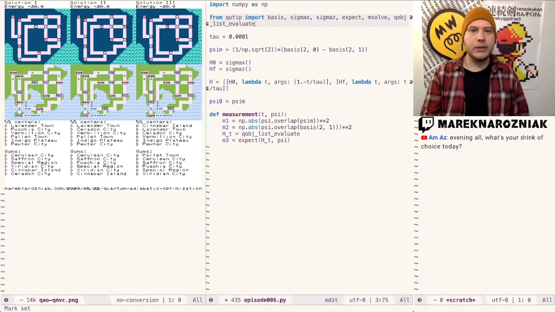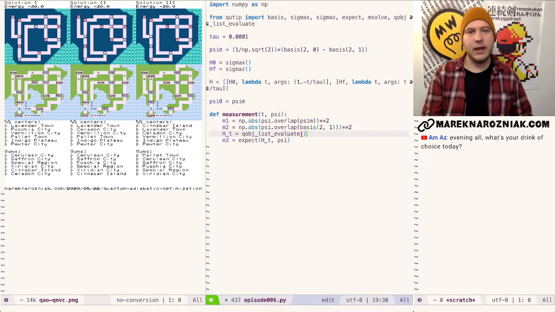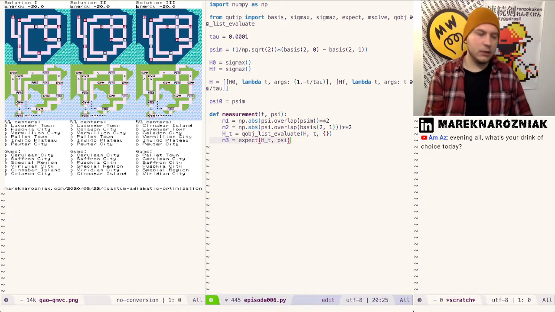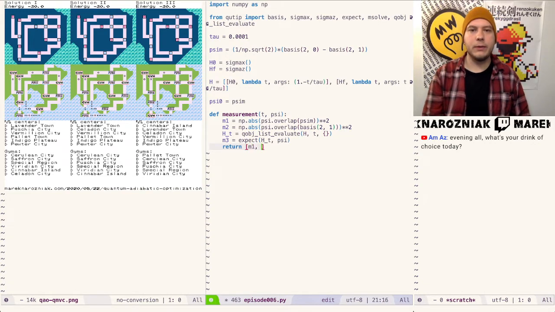And the way you use it, you just provide a quantum object, which could be a state, could be an operator, anything you like. So we just put H here. We give the time step at which it has to be evaluated, and it also accepts arguments, but we don't have any, so let's just put an empty dictionary. And this is the measurement we are having. Let's just return it. And this is for every time step, so this is M1, M2, and M3.